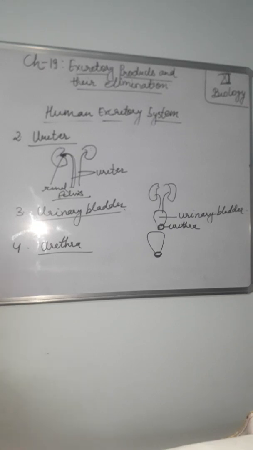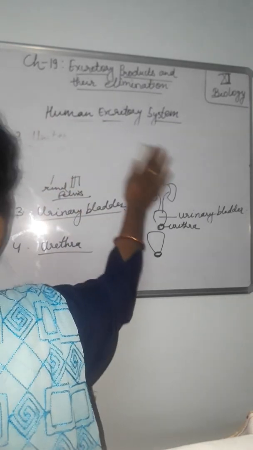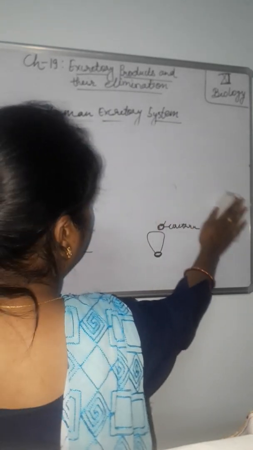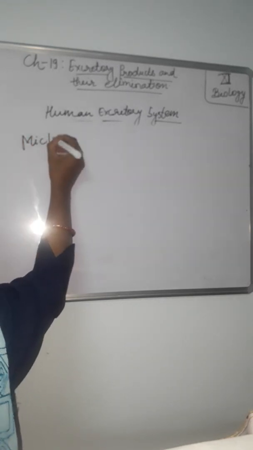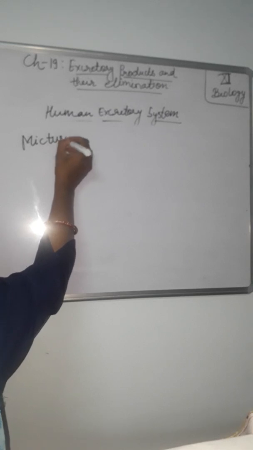Now next term used in the system, that is micturition. This is 1 marks question in the board examination. Micturition. What is this micturition? Micturition is the act of voiding urine.